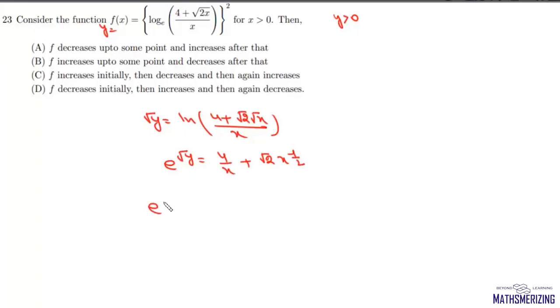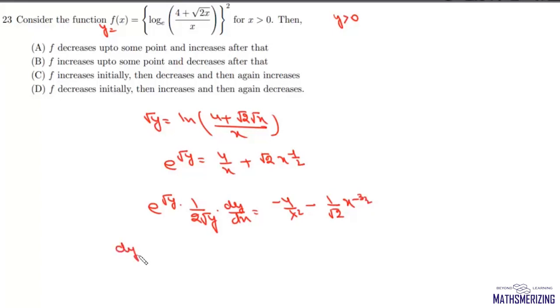Now we'll differentiate. We'll get e to the power under root y into 1 upon 2 root y into dy by dx will be minus 4 upon x square, and then minus 1 upon root 2 x to the power minus 3 by 2.